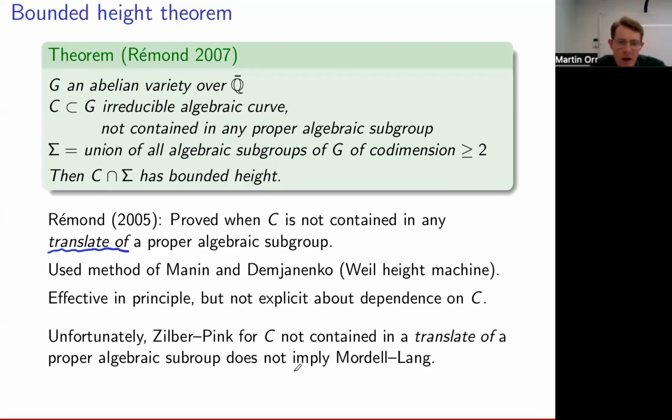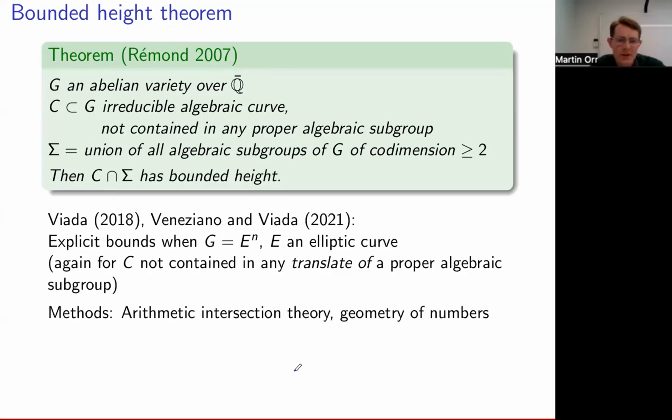There is another case, or a special case of this theorem, which is much more explicit. Due to Viada, and then later improved by Veneziano and Viada, and this was building on earlier work by Carrizosa, Veneziano, and Viada, they gave explicit bounds for this height in the case when the abelian variety G is a power of an elliptic curve.